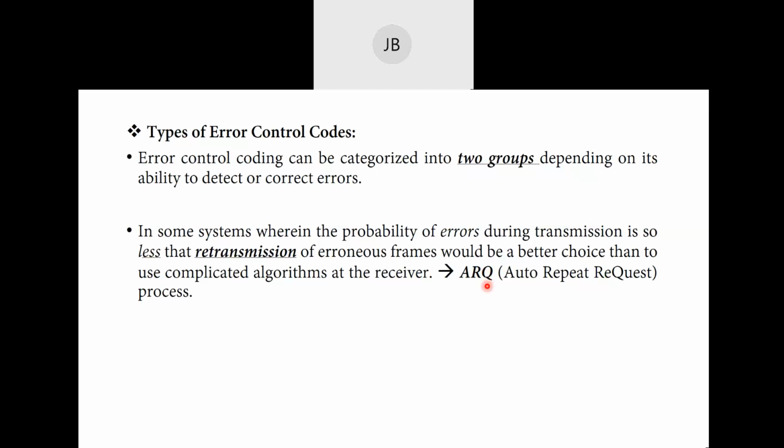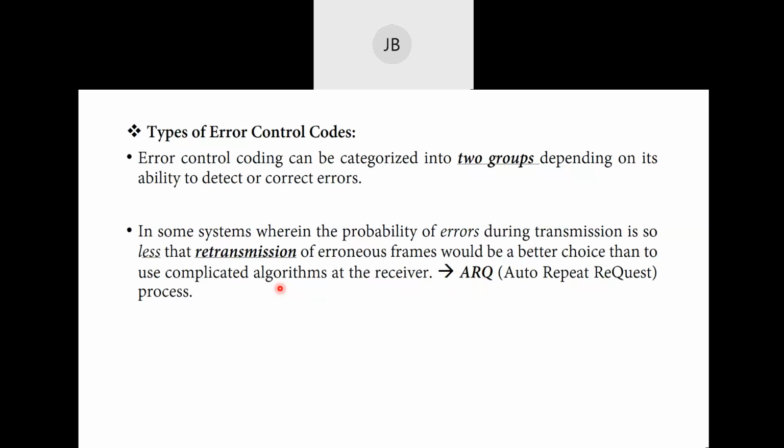So this process will continue until the receiver successfully receives the data or the maximum number of attempts for retransmission is reached. Until then, this process continues before declaring the data is successfully accepted or there is error in the system.